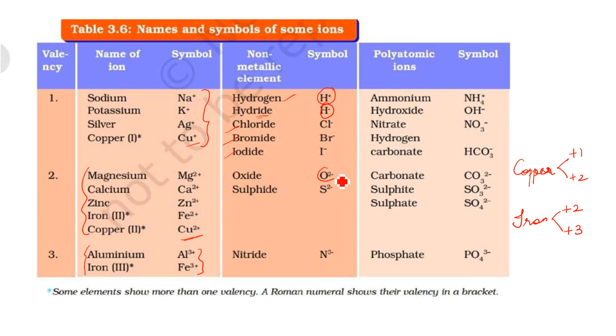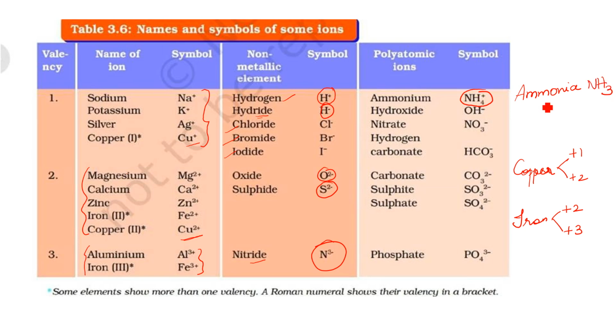Oxide is O2-. Sulfide is S2-. Nitride is N3-. Now, there are some polyatomic ions. Ammonium is NH4+, whereas ammonia is a neutral molecule with the formula NH3.